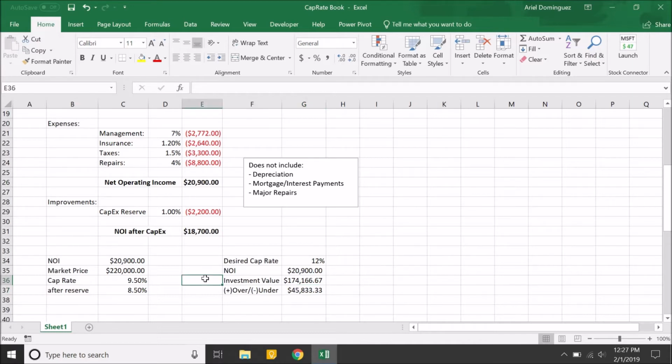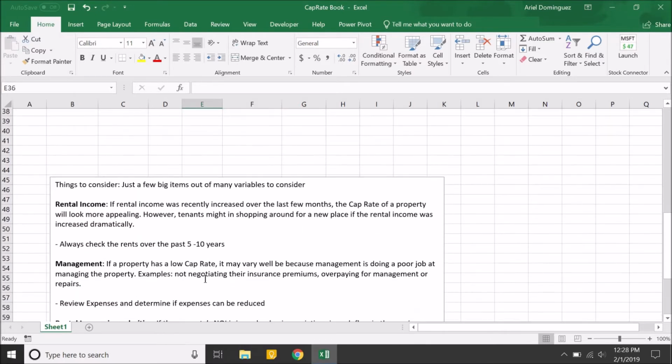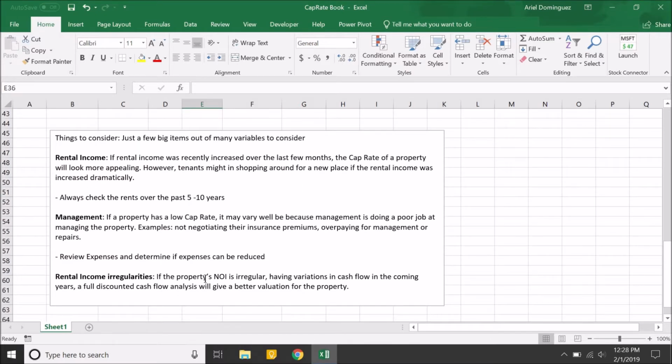So that's basically the cap rate in a nutshell. It's very useful for determining the valuation on a real estate property, but there are some things to consider that I kind of want to just highlight real quick. The rental income, the operating income used to determine the cap rate, if that rental income was recently increased by the seller over the last few months, the cap rate will look more appealing, because if you increase the rent or the net operating income, you'll have a higher cap rate.